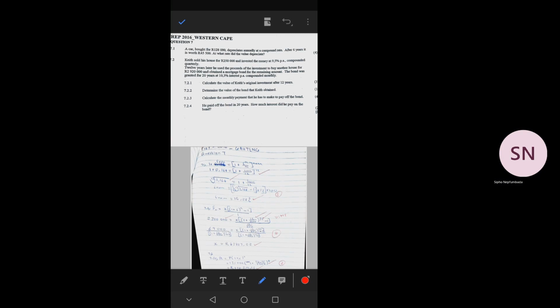We depreciate, mark the word depreciate, annually, per year, at a compound rate, so a compound formula carries the result there. So now after 6 years it is worth 45,500. At what rate did the value depreciate?